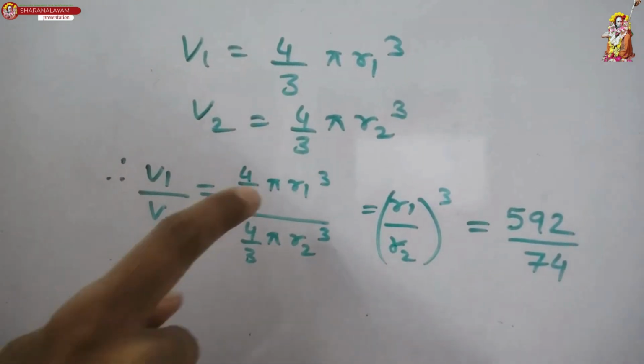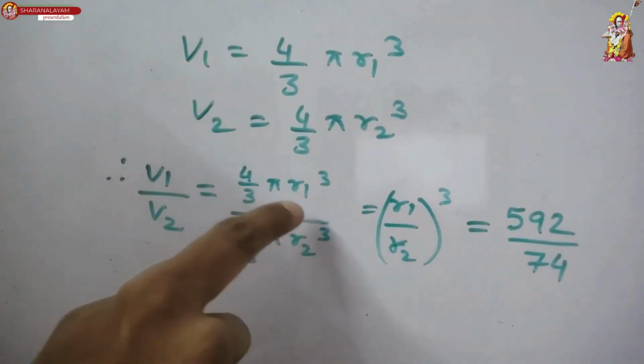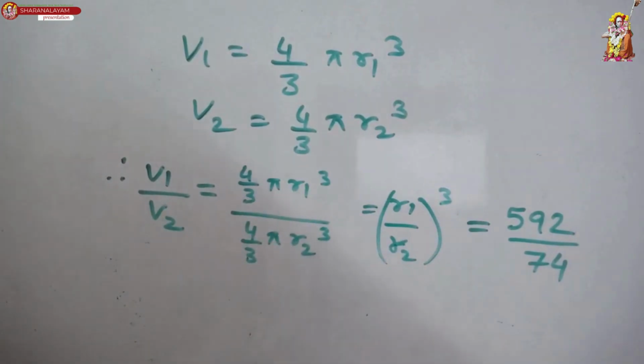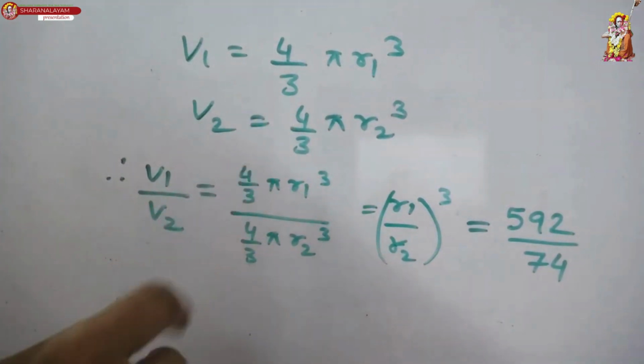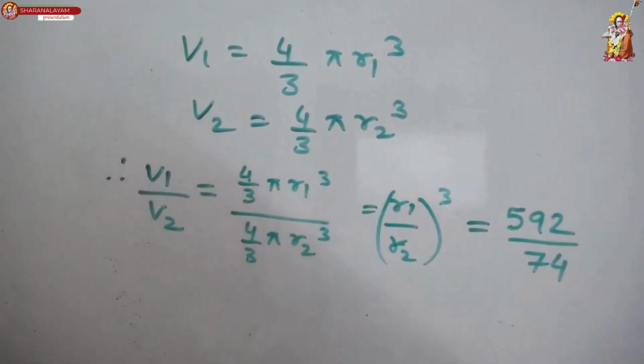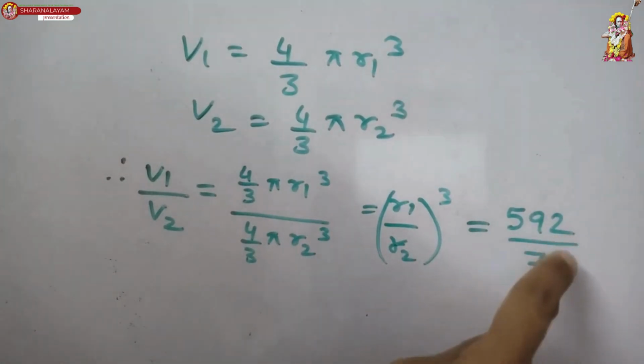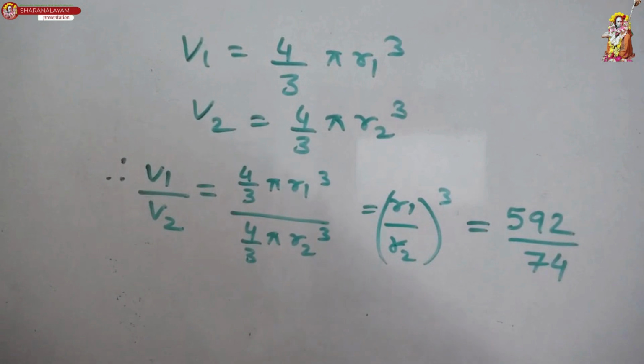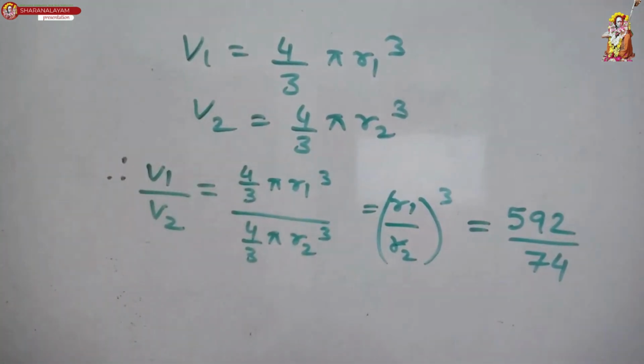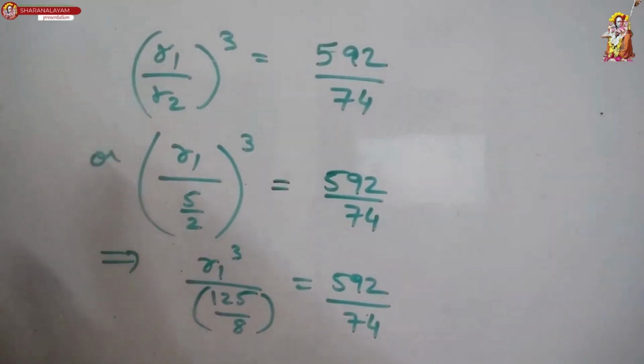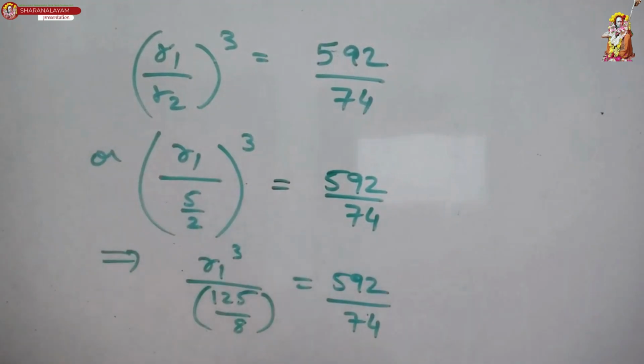So V1 upon V2 will be 4 by 3 pi r1 cube upon 4 by 3 pi r2 cube. So 4 by 3 pi gets cancelled and we have r1 upon r2 the whole cube, which equals 592 upon 74 as already calculated earlier. But they have given that the diameter of the smaller sphere is 5 centimeters.